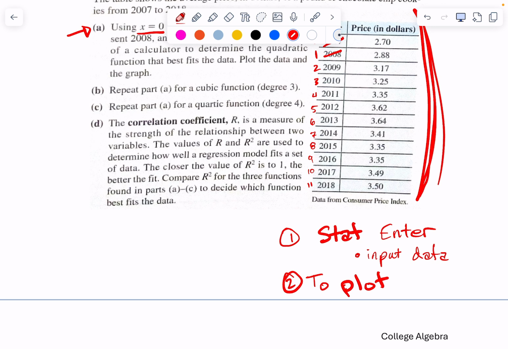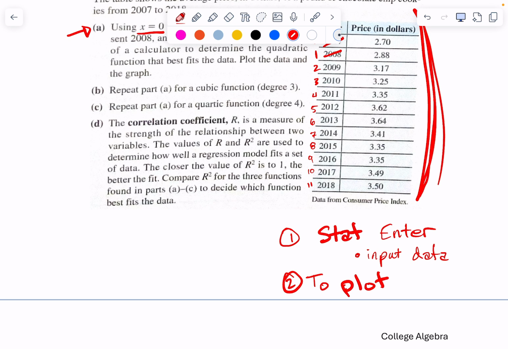Okay, so now, after you input your data, we want to turn our stat plot on. To turn your stat plot on, you go second y equals, the blue button, y equals, and your plot should be on.